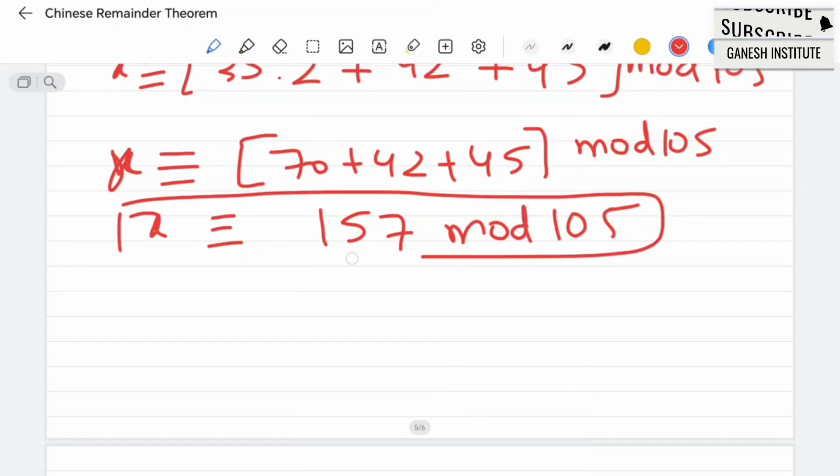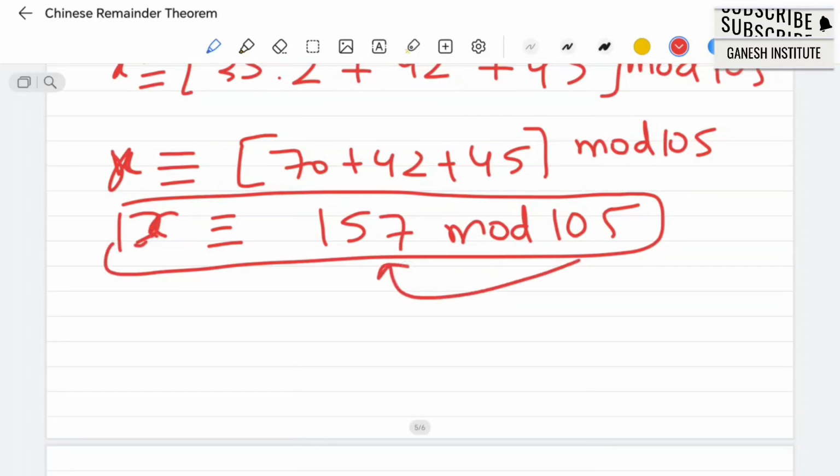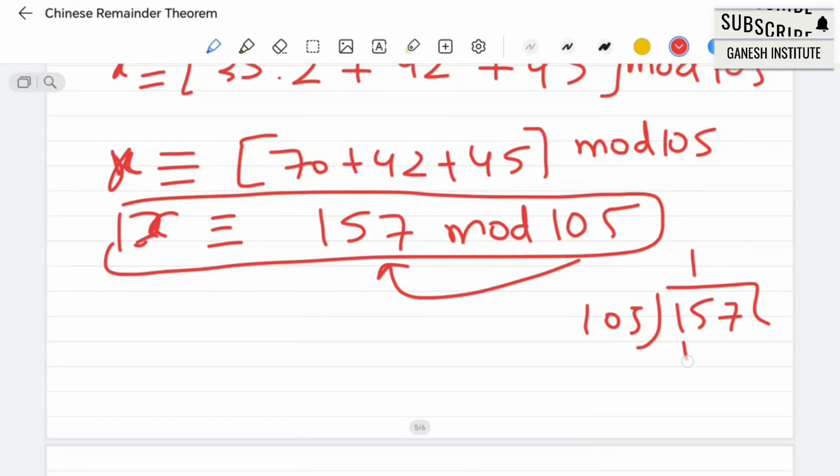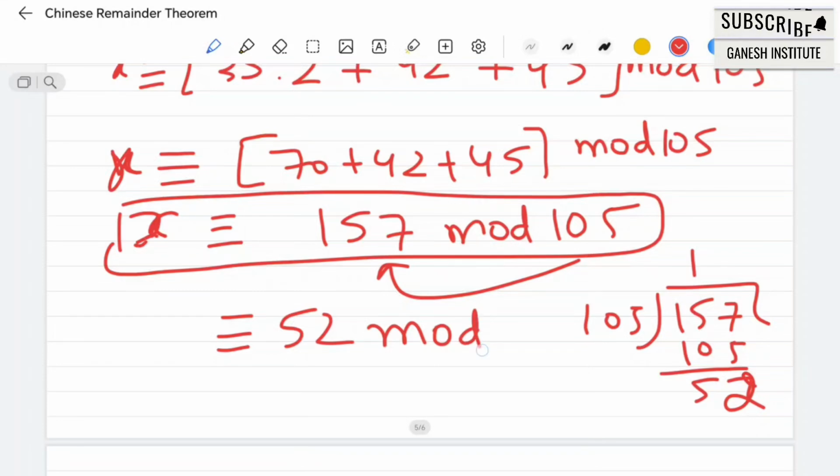It is a basic modular equation. To find x, simply divide this. Divisor is 105, 157 is the dividend. We get 52 as remainder. So it is 52 modulo 105.